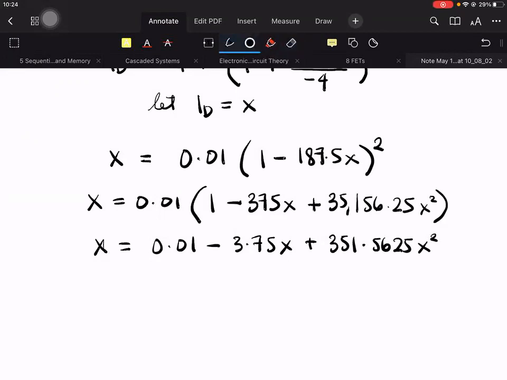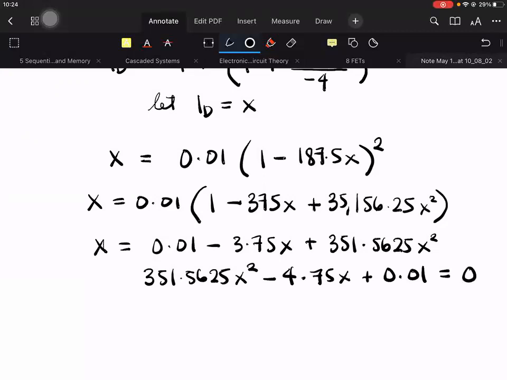So this becomes, in standard position, 351.5625 x squared minus 4.75x plus 0.01 equal to 0. Quadratic equation.